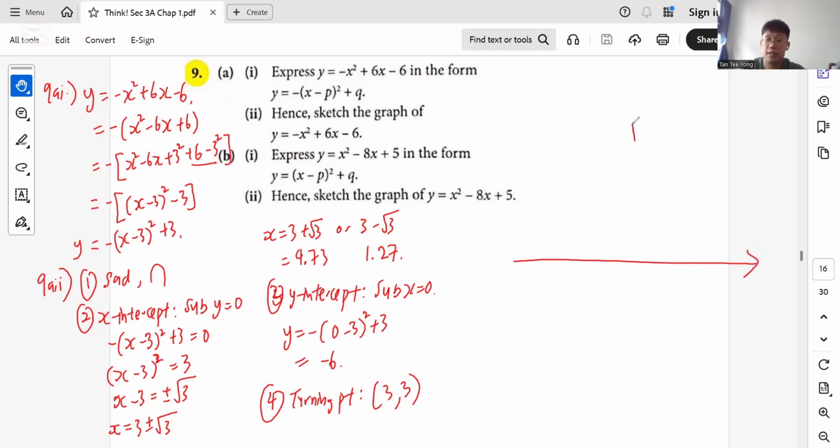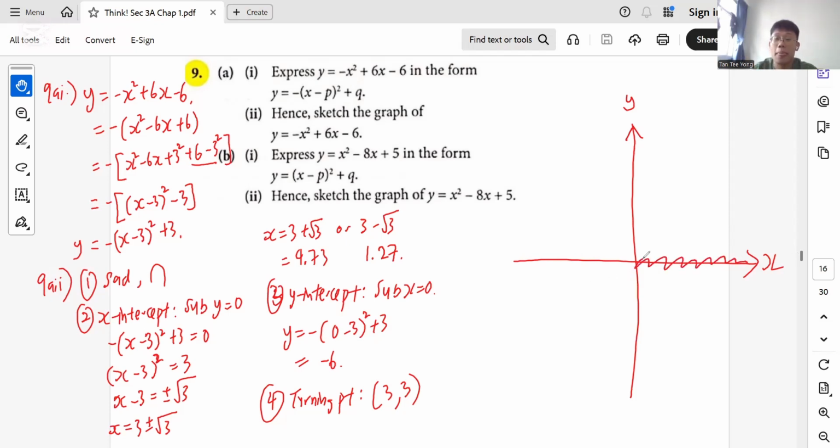Axis, y and x. So this one is a sad face graph. Then the x-intercepts are all positive, so it's going to be all in this part here. Then the turning point (3, 3) is positive y and positive x. I know how already, so it's just going to be like that.